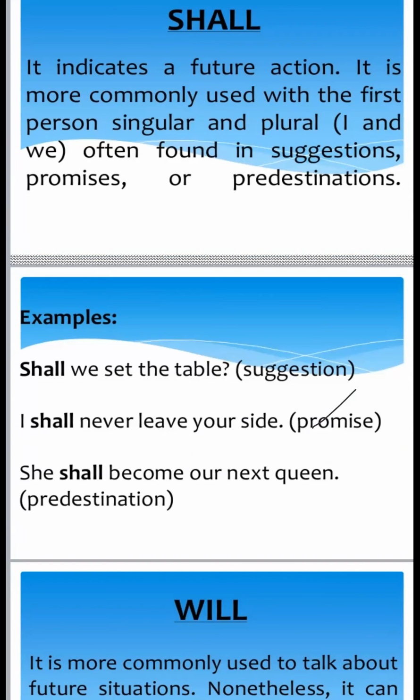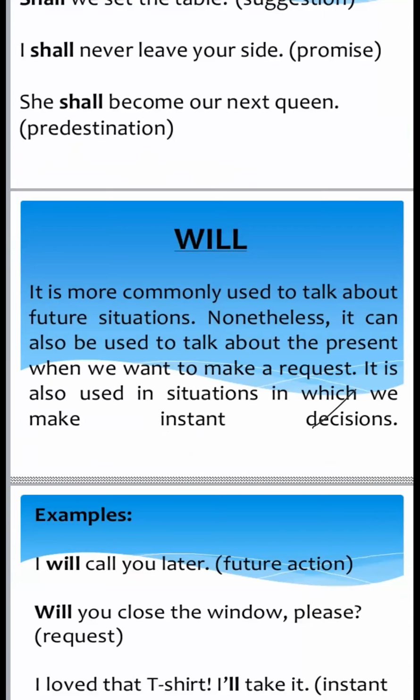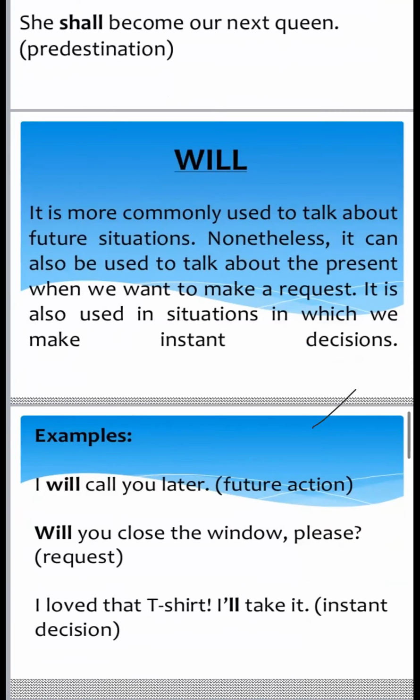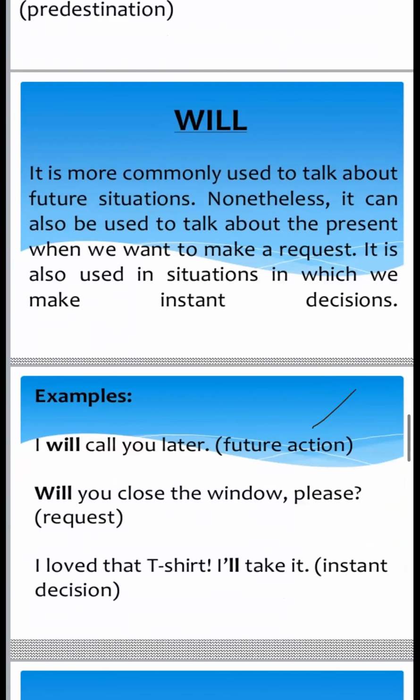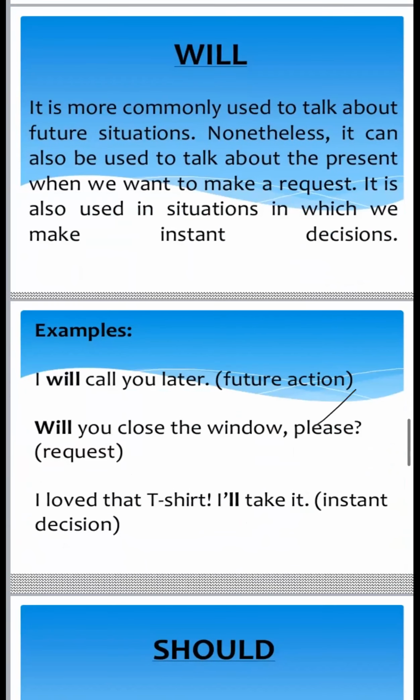Then we are going to talk about will. It is more commonly used to talk about future situations, as we have done with shall. It can also be used to talk about the present when we want to make a request. It is also used in situations of instant decisions, right at the moment when you need to make a decision, so you always try to go for will.